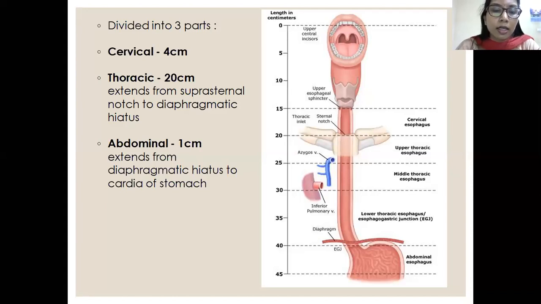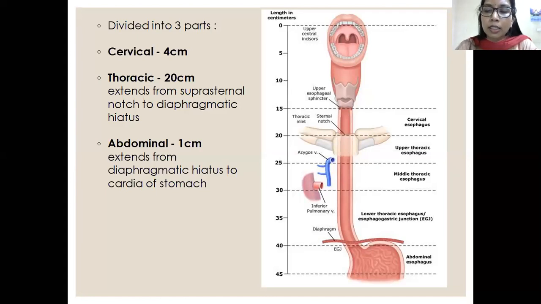The cervical esophagus is the first part of the esophagus. It extends from the level of your laryngopharynx to your suprasternal notch. Then your thoracic esophagus is next. It starts from the suprasternal notch where your cervical esophagus ends, and goes up to the level of your diaphragmatic hiatus at T10.